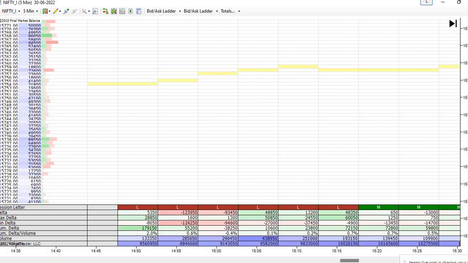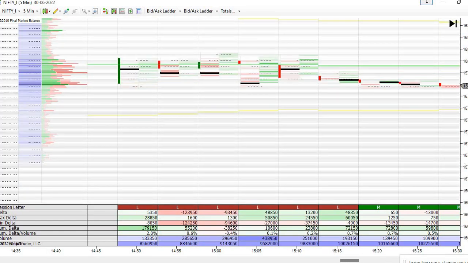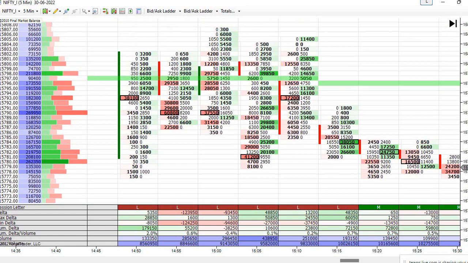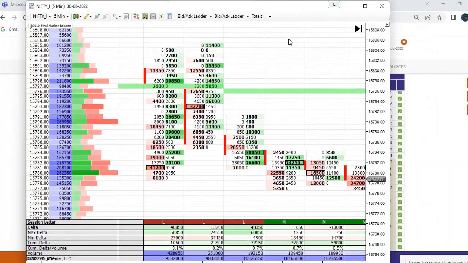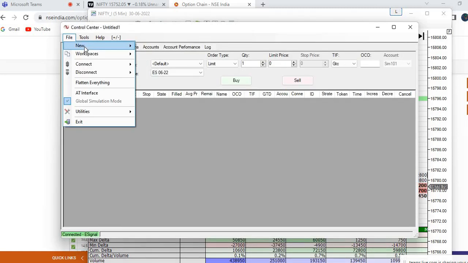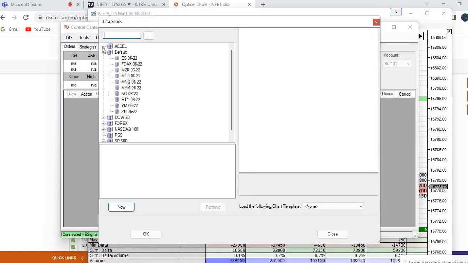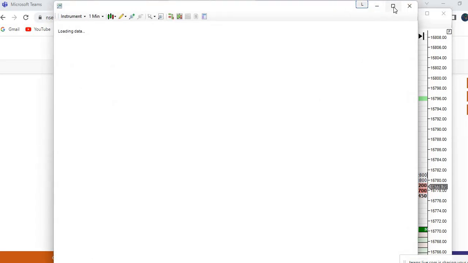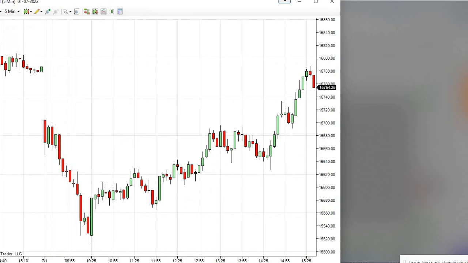So the first thing you need to understand when it comes to order flow is you look at the data, monitor the data continuously like this, and then simultaneously you should have a screen. If you are using order flow with NinjaTrader, then I will suggest open the NinjaTrader, same thing, and have a 5 minutes Nifty bar chart, the plain chart only, next to it, just like this, which will help you.